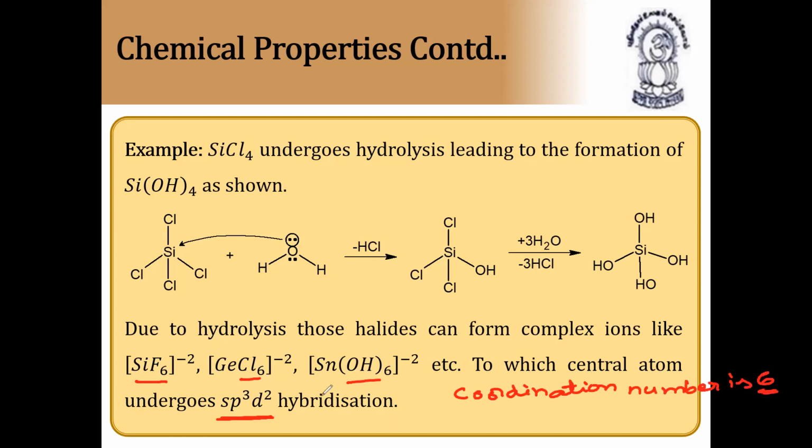So they undergo sp3d2 hybridization, and the shape is octahedral. If the n factor is 6, it automatically undergoes sp3d2 hybridization. Next, continuation.